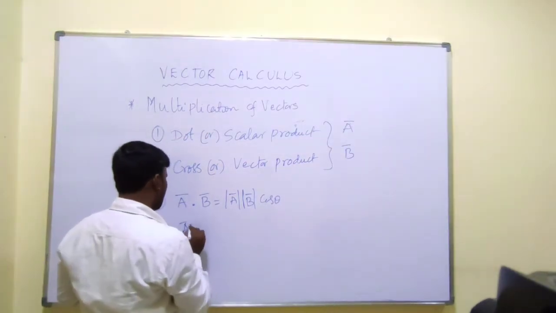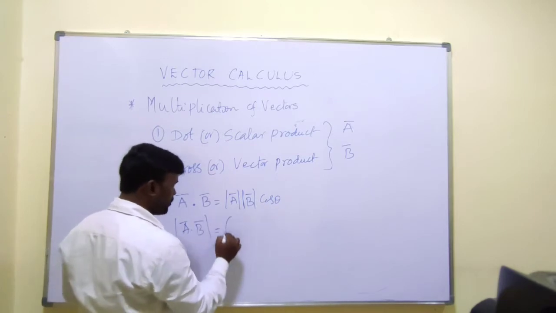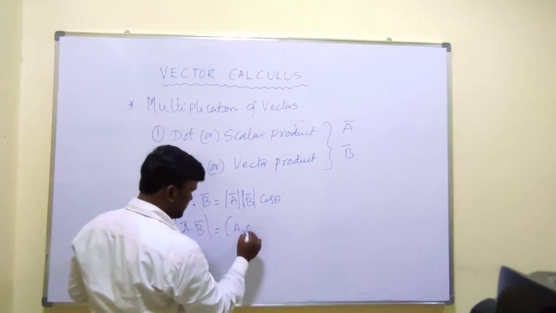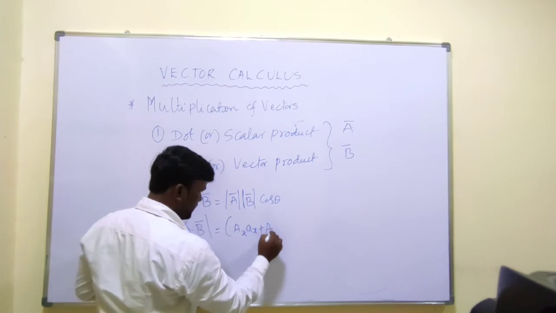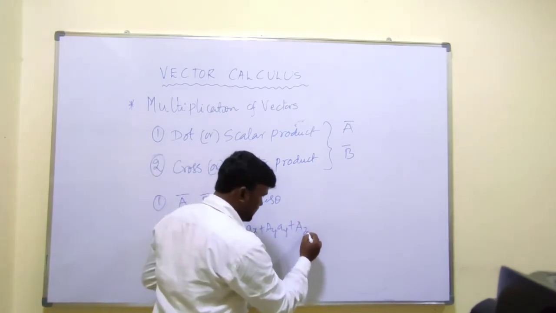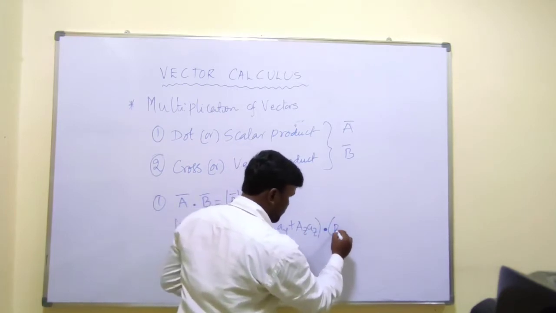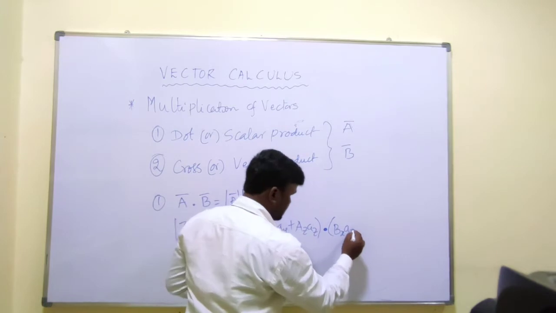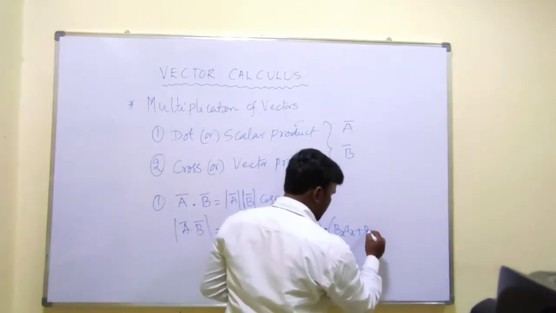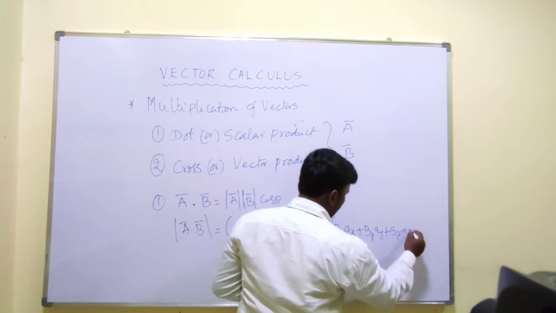You can find this dot product like this: A bar dot B bar equal to what? (AX i + AY j + AZ k) dot (BX i + BY j + BZ k).